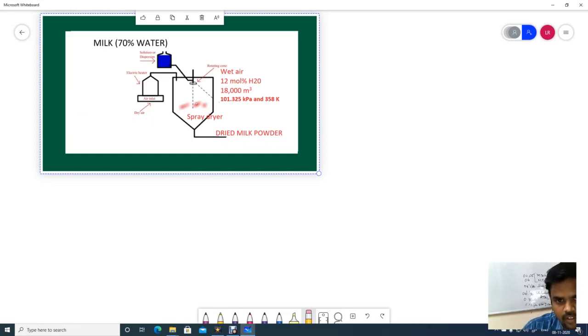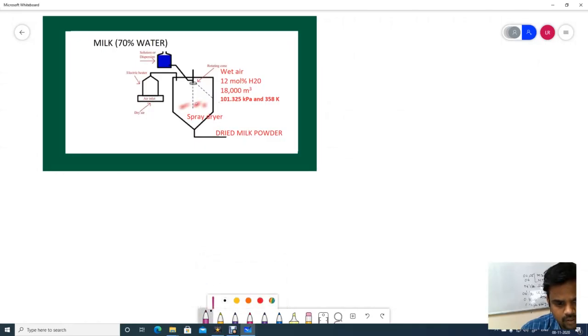Data given: pressure is equal to 101.325 kilopascal.